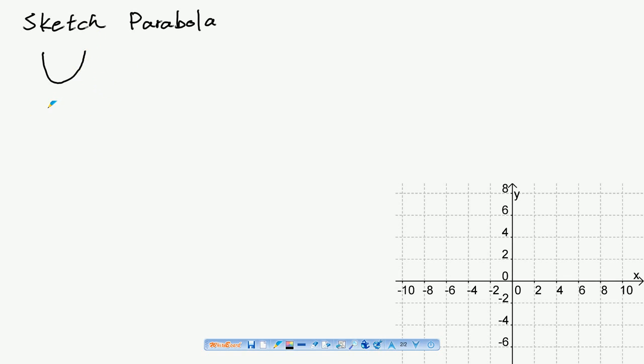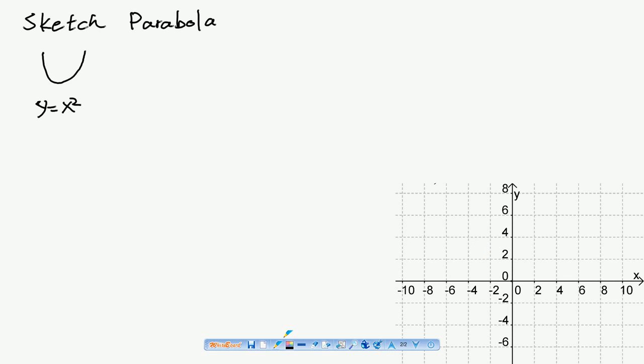For instance, if I have y equals x squared, the parabola will be something like this. It's really hard to draw it here.